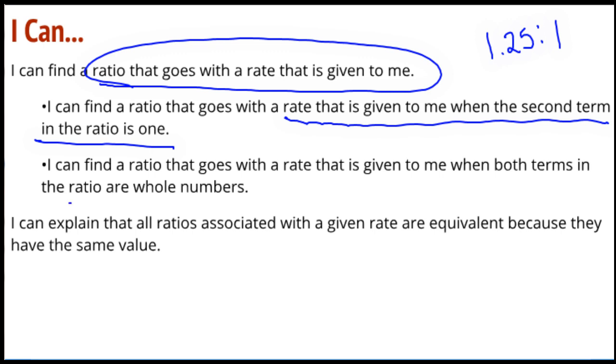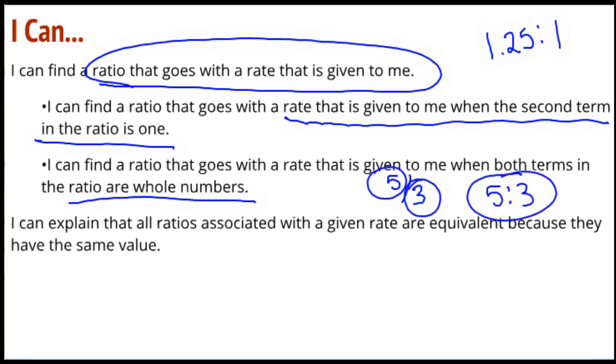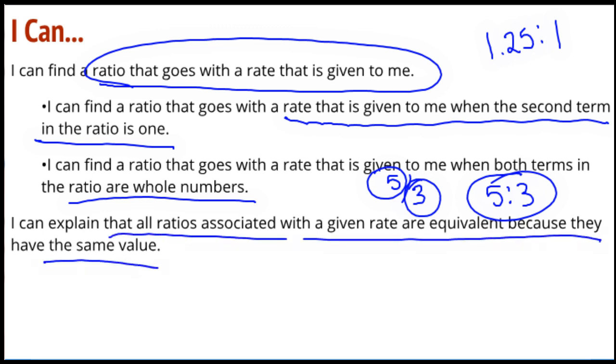We also looked at both terms being whole numbers, and these were rates like 5 meters per 3 seconds. A and B are both whole numbers, a ratio of 5 to 3. And then hopefully you can show, using all of our different equivalent ratio strategies, that all these ratios are equivalent to the rate.